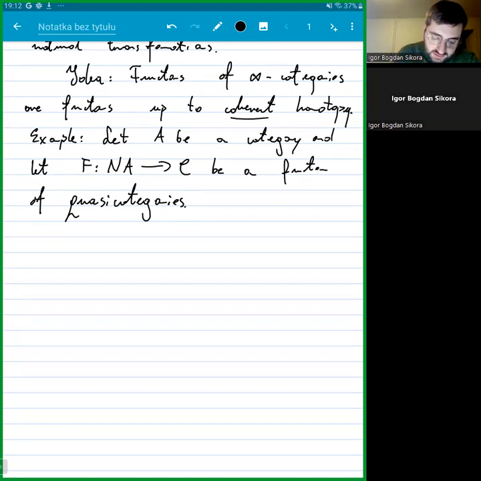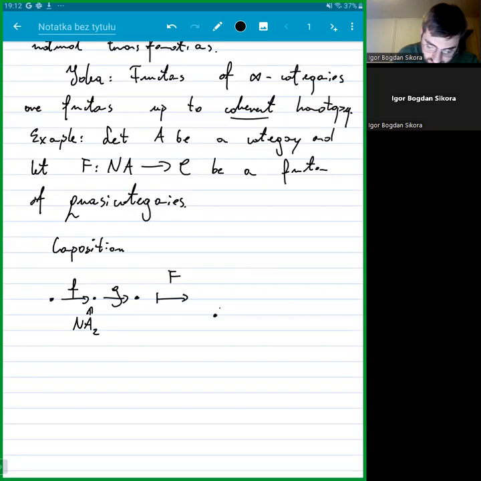However, let's see what is happening when we are composing two morphisms in A. So when we are composing two morphisms in A, we have the following two simplex in the nerve of A. And this will be sent by F to the following simplex.